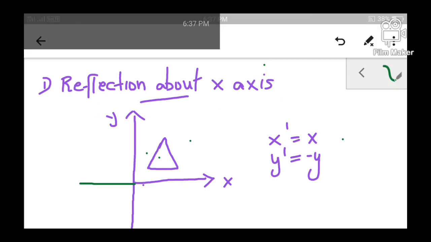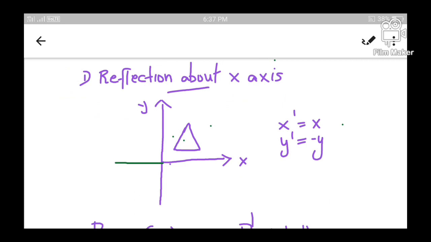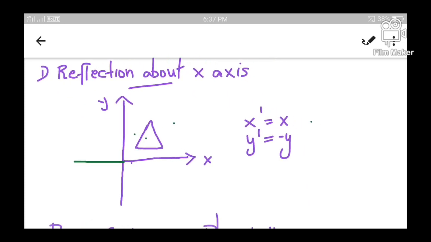Now let us consider this particular coordinate axis. The 2 axes given are the horizontal x-axis and the vertical y-axis. And the object is a 2D object which is drawn before you. When this object is reflected about the x-axis, the reflection will be obtained in this quadrant.